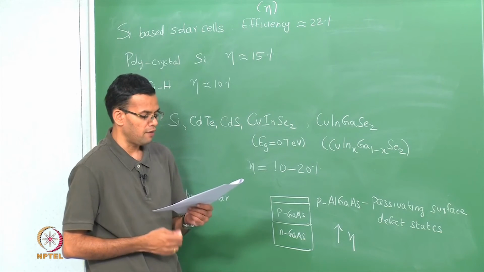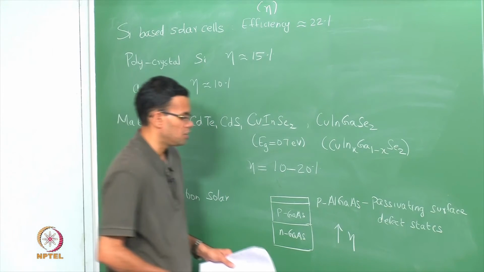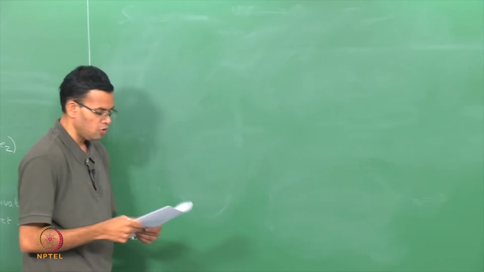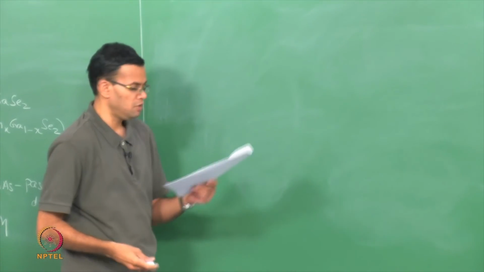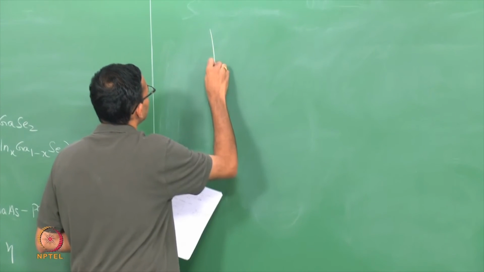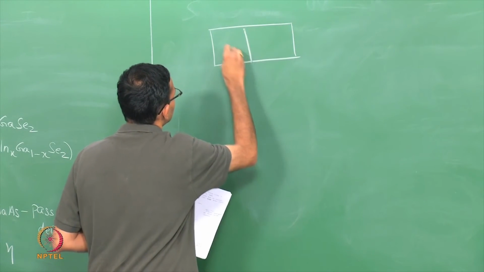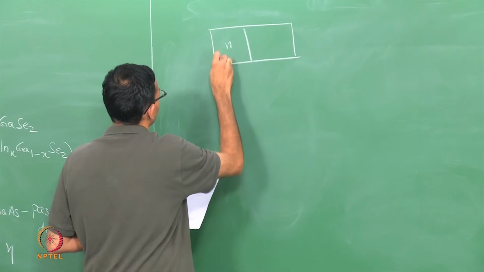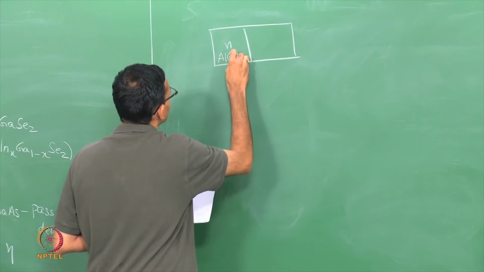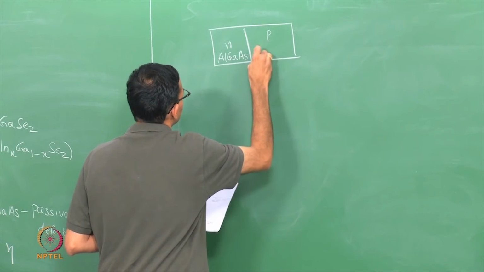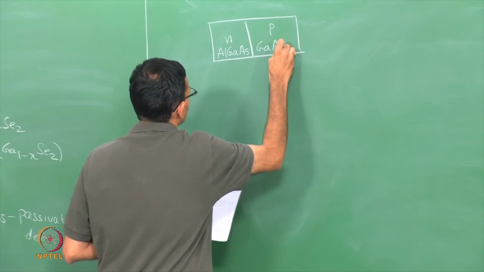So, you can also have other designs for p-n junctions. You can also have a p-n junction between different materials. So, you have n aluminum gallium arsenide and p gallium arsenide.